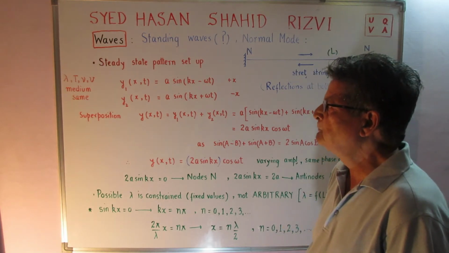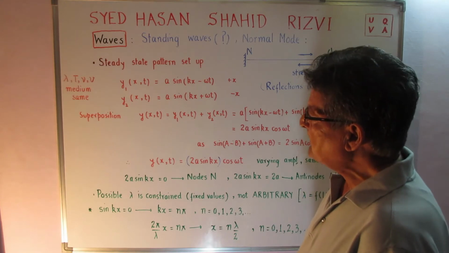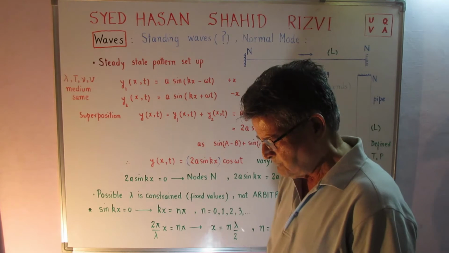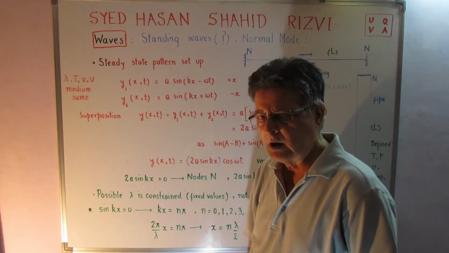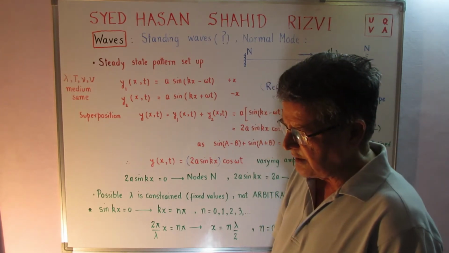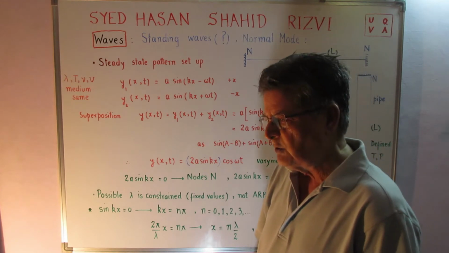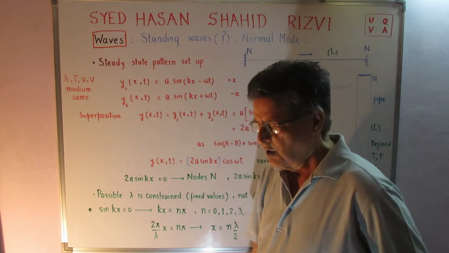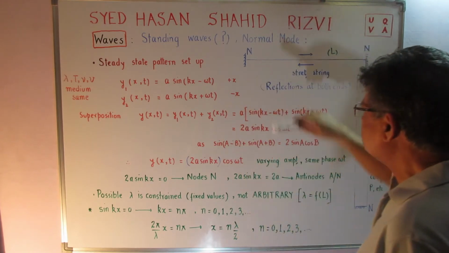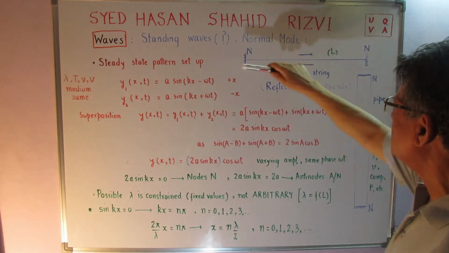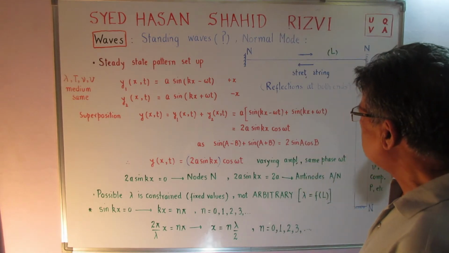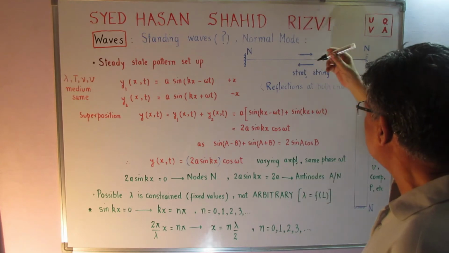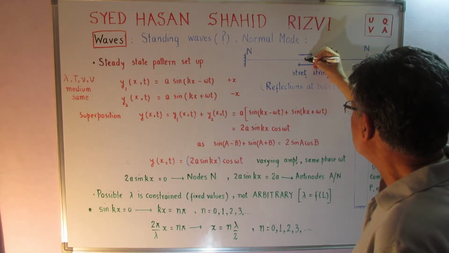Well, what happens is that after some time, it may be very small, once the vibrations are there. Now I told you how these vibrations can be created. For example, if this is a stretched string of a sitar, guitar, etc., I can pluck it in the middle here.